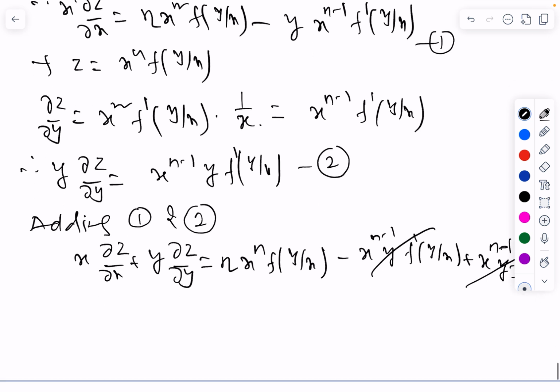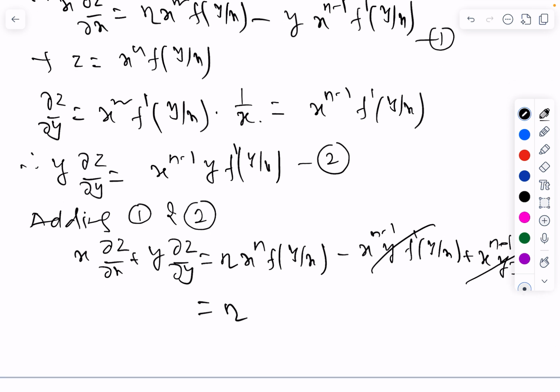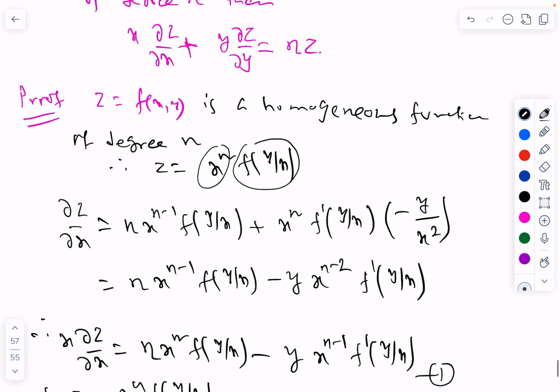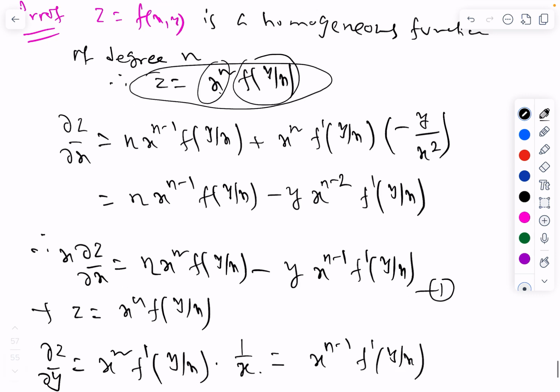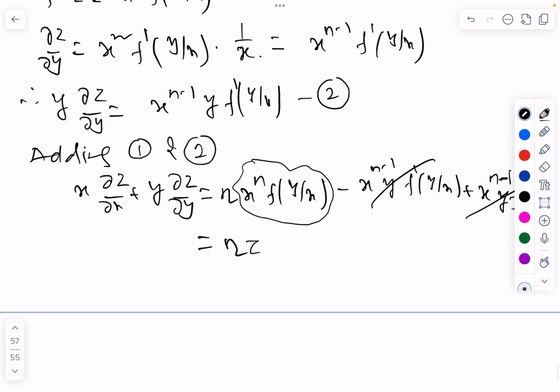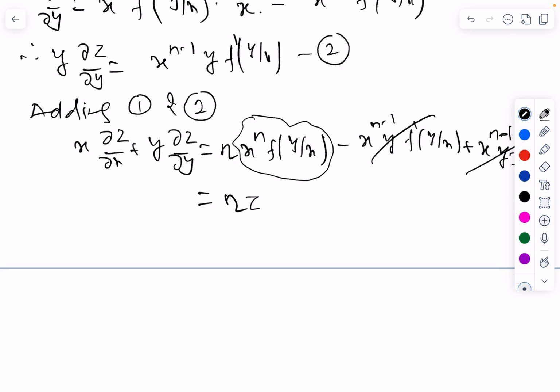So these two cancel, and what remains is n x power n f of y by x, but x power n f of y by x is nothing but z. So that is the proof. x del z by del x plus y del z by del y equal to n z. So if z is a homogeneous function of degree n, then x del z by del x plus y del z by del y equal to n times z.